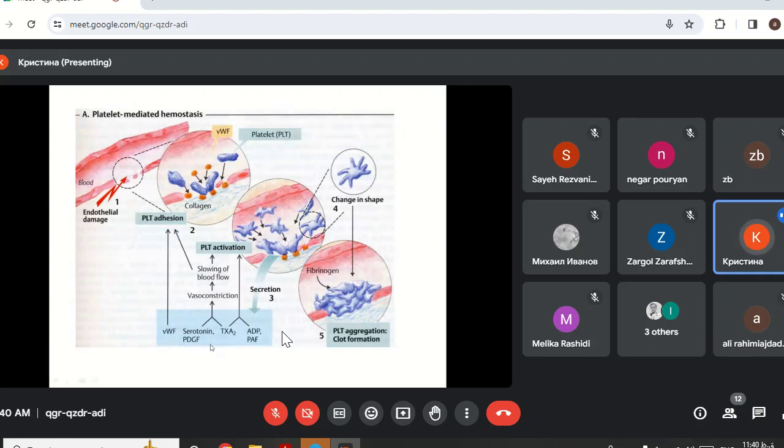So the components of granules are released, such as serotonin, ADP, other factors and proteins, and the clot is formed with the help of fibrinogen, and the aggregation happens and the clot is formed.